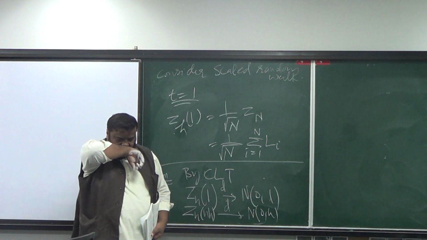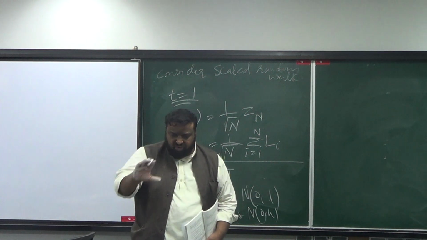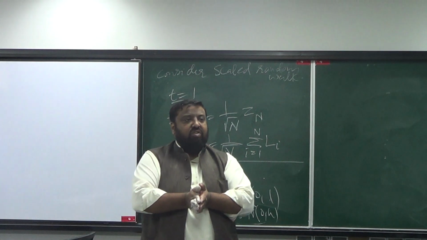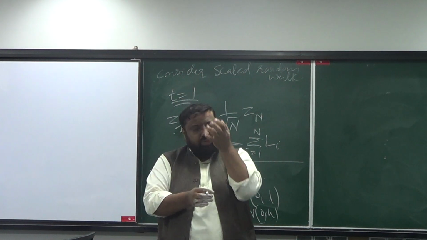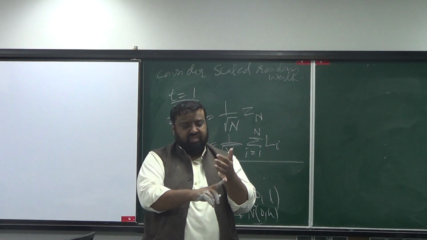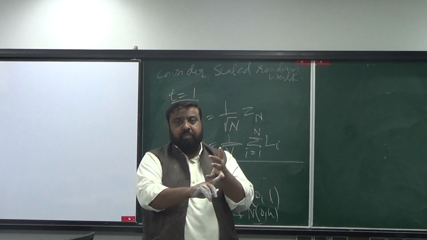So, conclusion before moving ahead. Finally, if I have a random walk, it has what key properties? It starts from 0. It has independent increments.